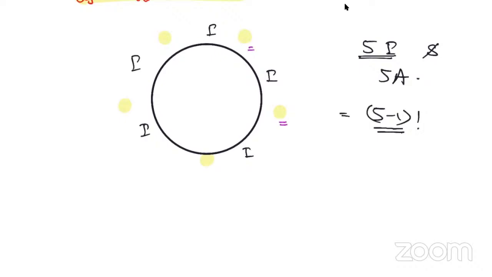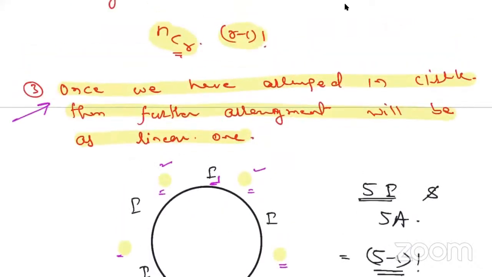Now, in this case, this is not a circle because we have already used the position. If he is Indian 1, Indian 1's right side is this position, and the left side is this position. So the second time, once we have arranged in a circle, further arrangement will be linear only.